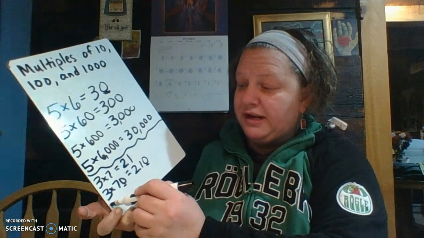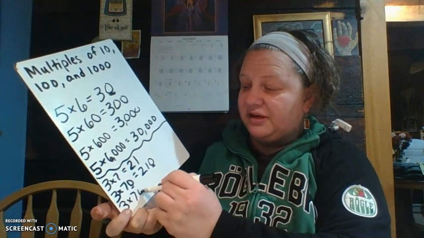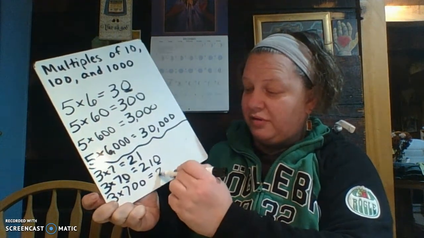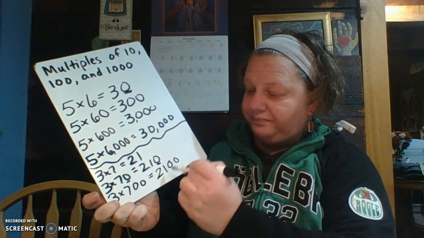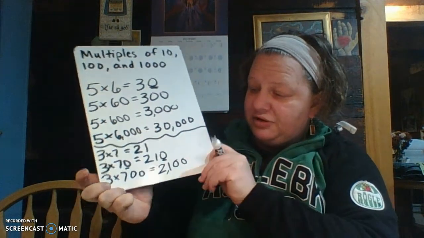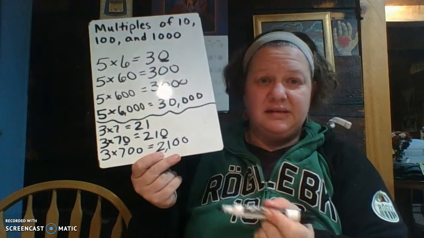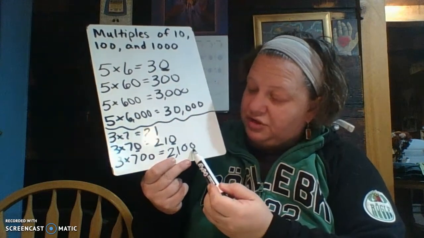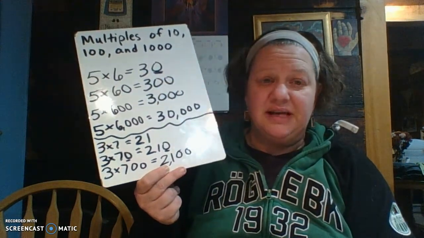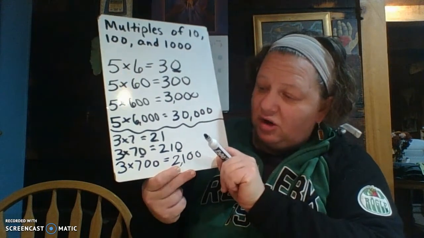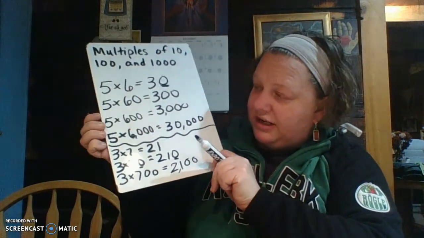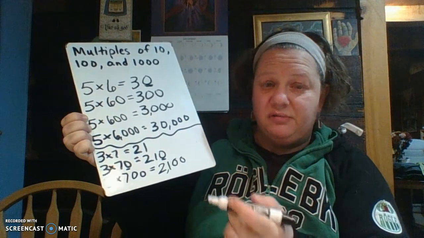So you have to be mindful of that when you're doing problems like this. So if we have 3 times 700, that means that we have 21 plus 2 zeros, because each place value represents another tens place. Okay, so 3 times 700 is 2,100.